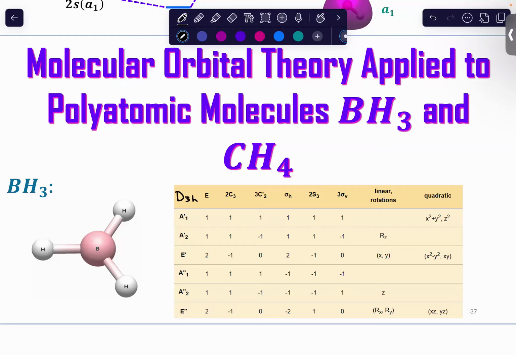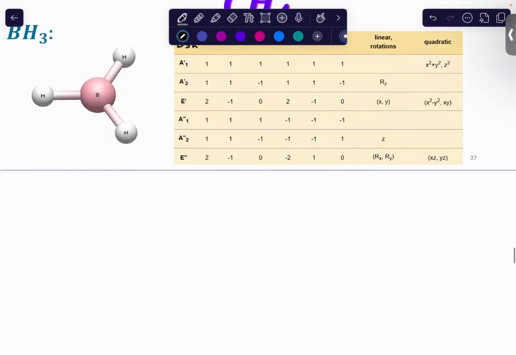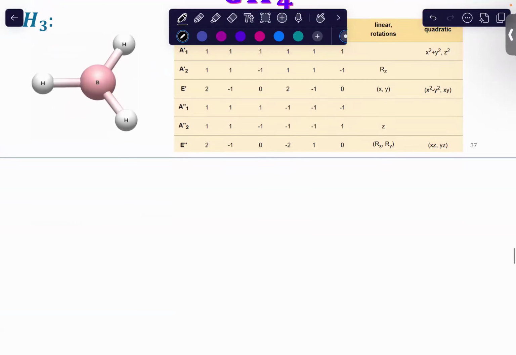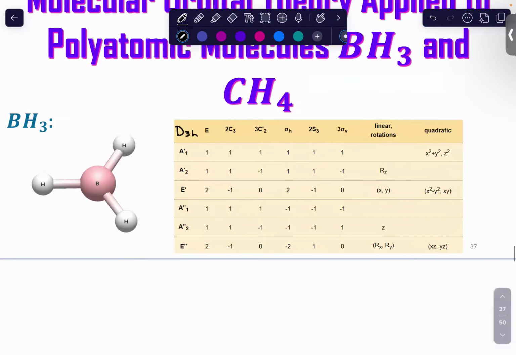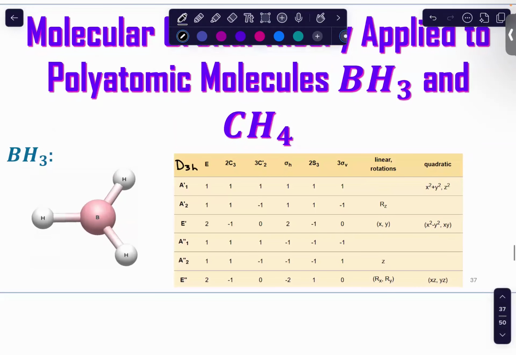So we have to start asking ourselves what's available for bonding. Okay. All righty. So let's see. So we remember that our principal axis is there, which makes this the Z axis.